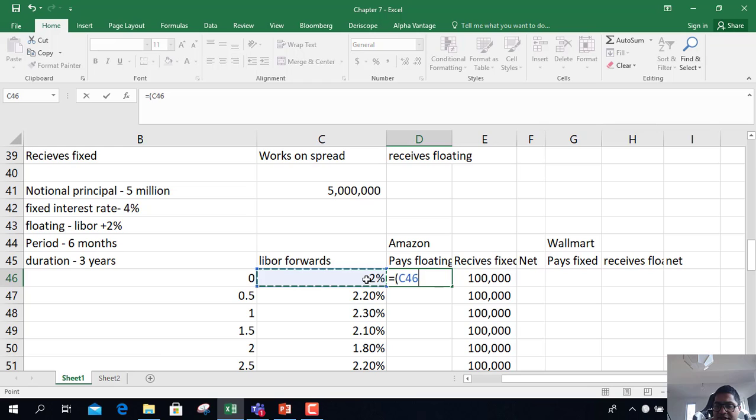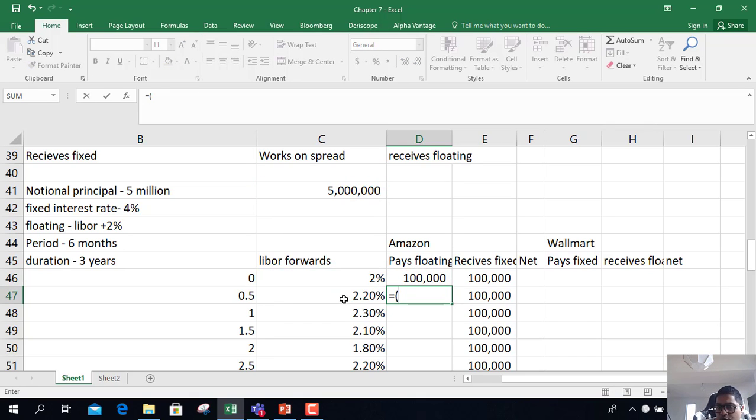So it is 2%, whatever interest rate is there, LIBOR, plus the spread is 2% again, divided by 2 multiplied by 5 million. So 100,000 in first year.